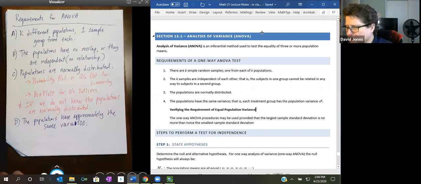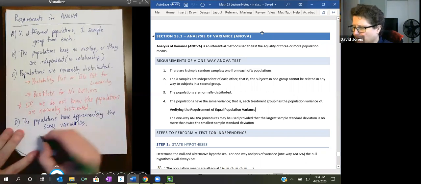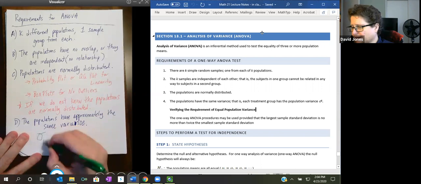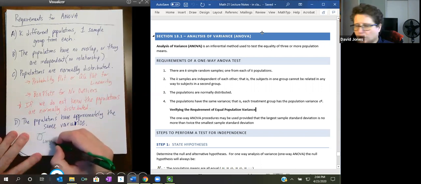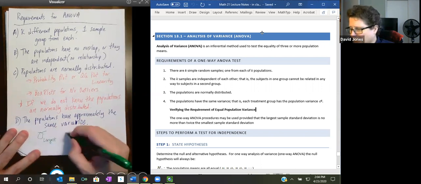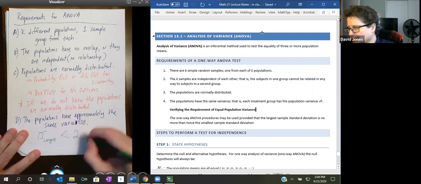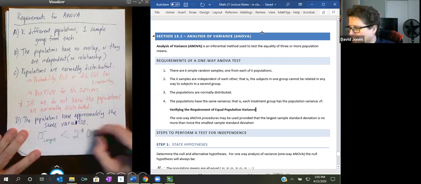And the way we're going to do this is we are going to look at the largest variance, our largest standard deviation, and it needs to be less than 2 times the smallest standard deviation.